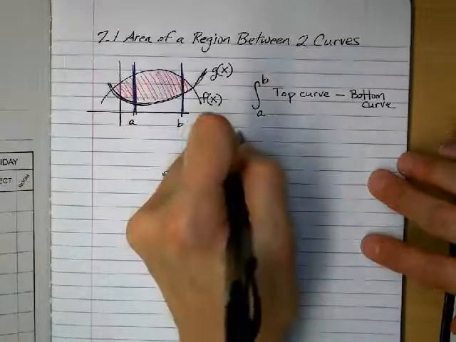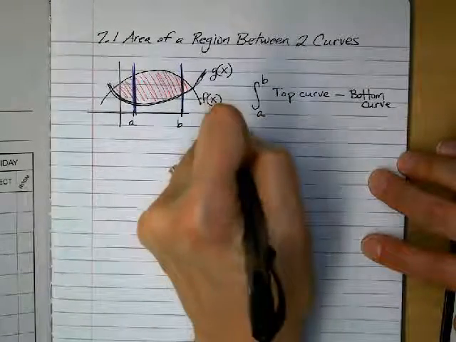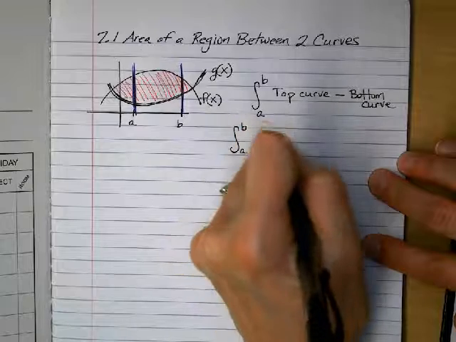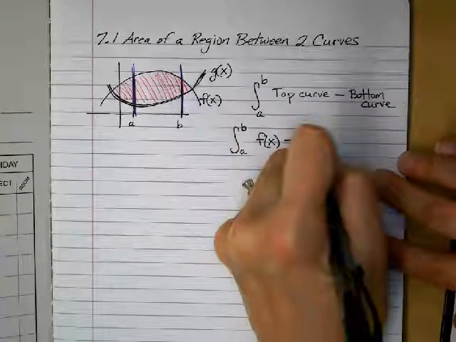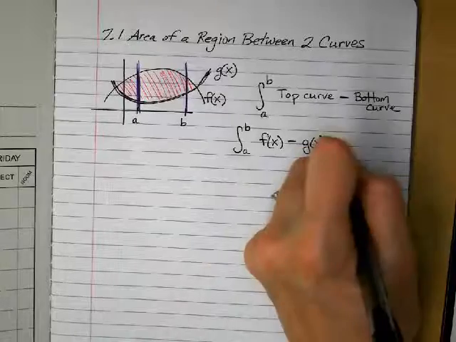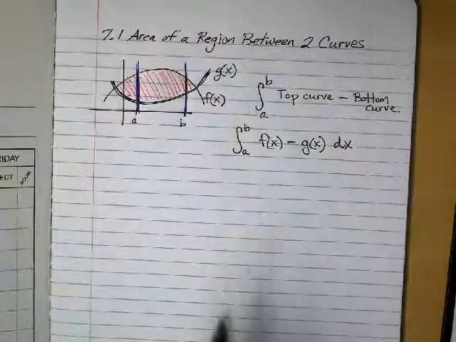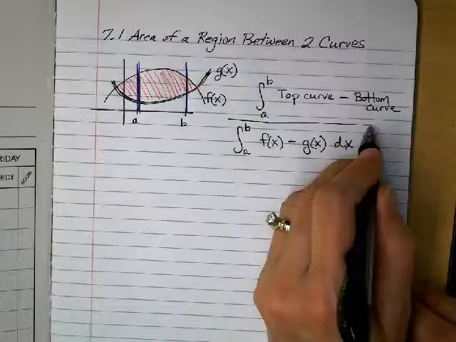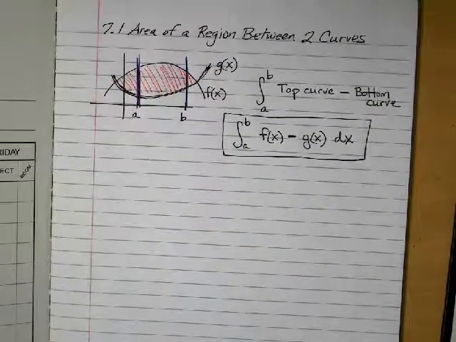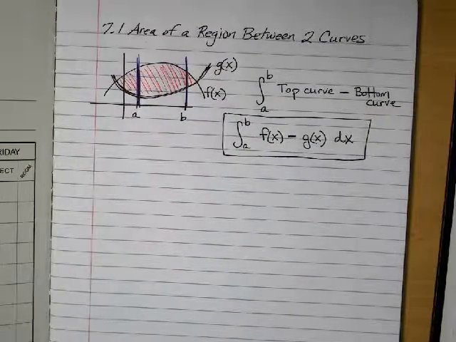It's really not going to be that hard. Integrate from A to B. So it'll be the top curve, which is f of x, minus g of x. That's how you're going to be setting them up. So, yeah, not real difficult.